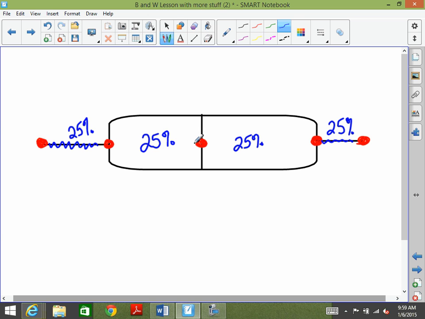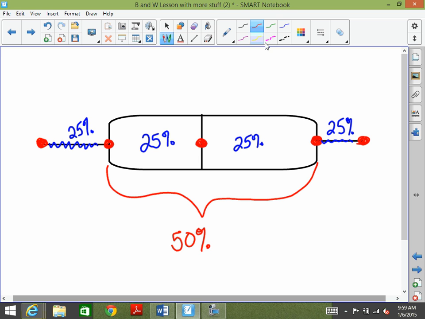Okay, so if each piece represents 25%, if we look here, the box then represents what percent altogether? 50%. The box makes up 50% of our information. Okay, 50%.